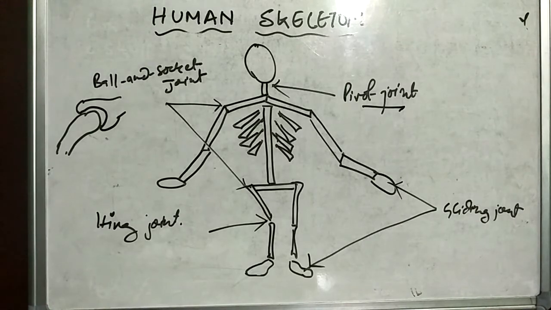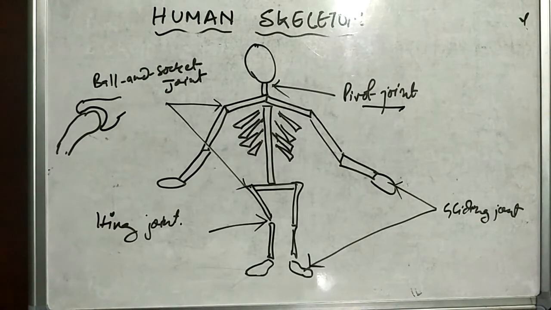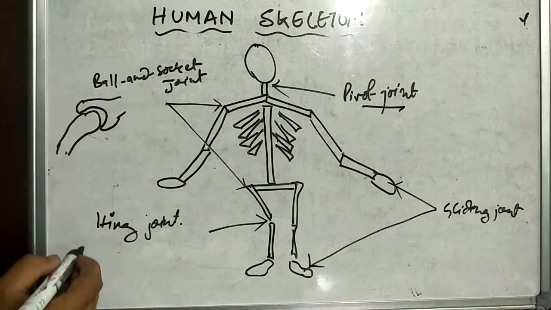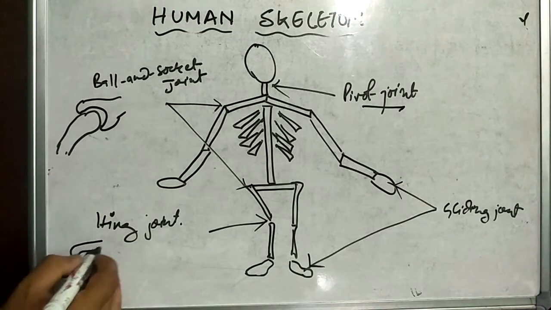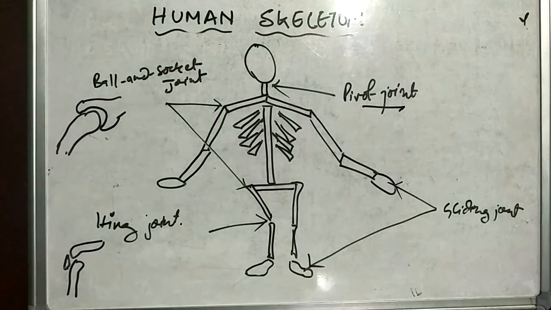Okay, now come to the hinge joint. This joint is like the hinges of a door, that means kabja. The small part of the bones makes the bones firm, so the joint cannot be moved from that place.